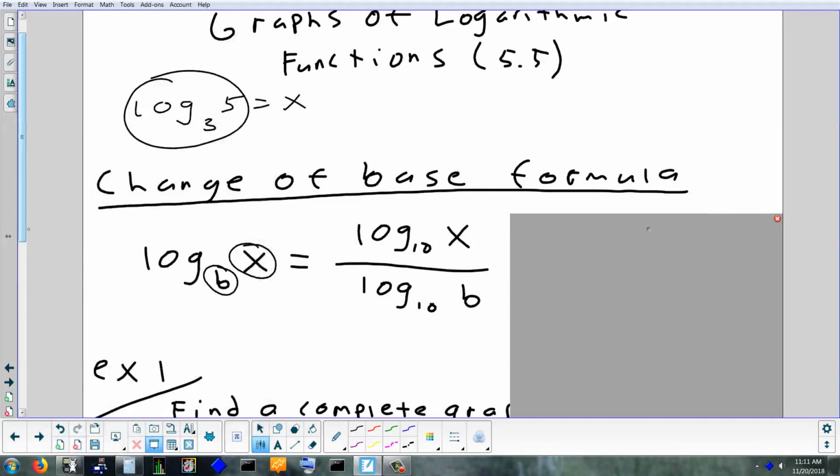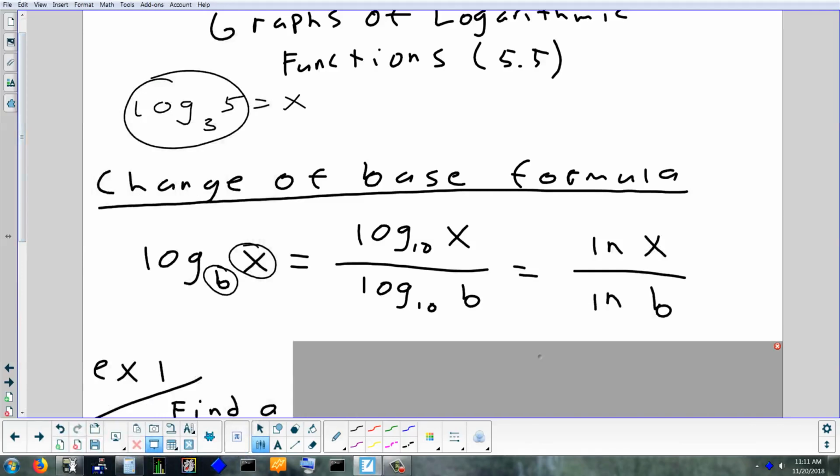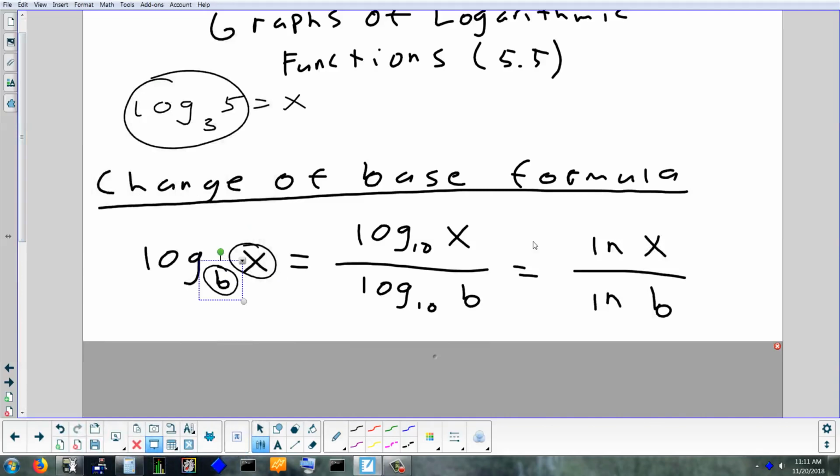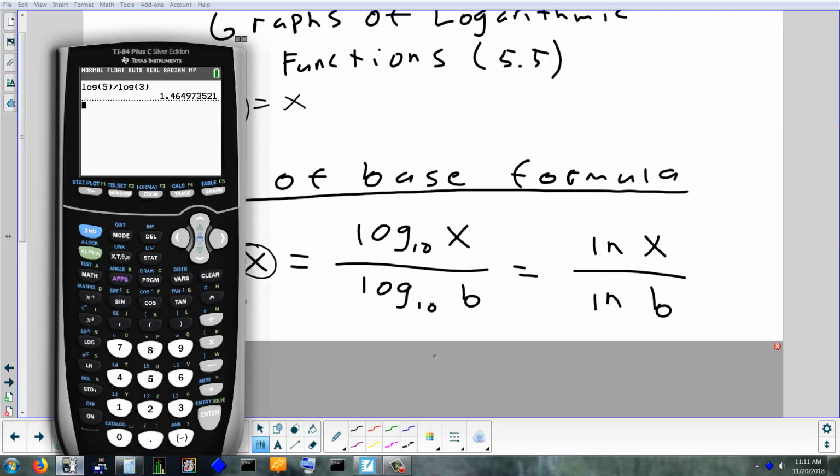The other way to type it in is using the ln button. You can take the ln of the argument and divide by the ln of the base, and you'll get exactly the same thing. ln 5 divided by ln 3, hit enter, and I still get 1.46.